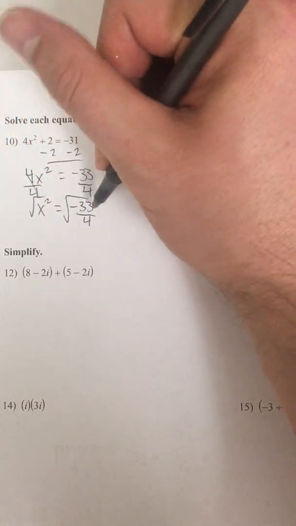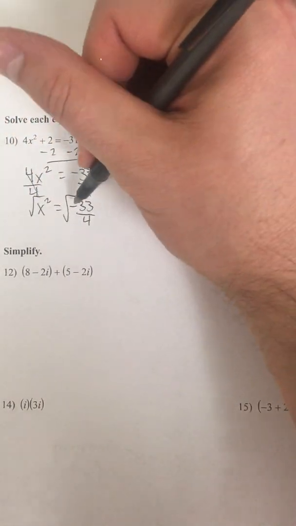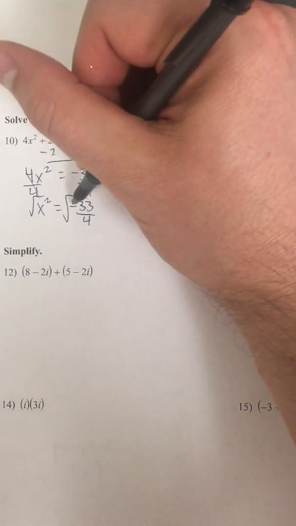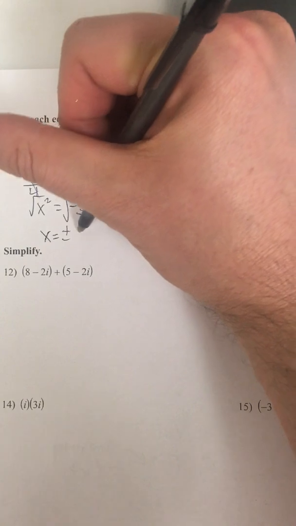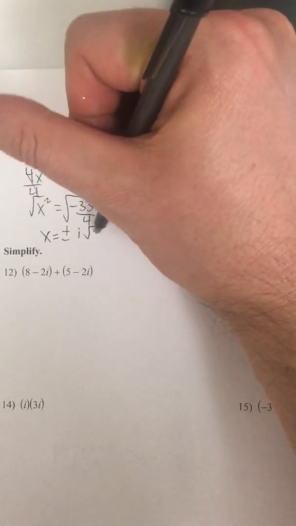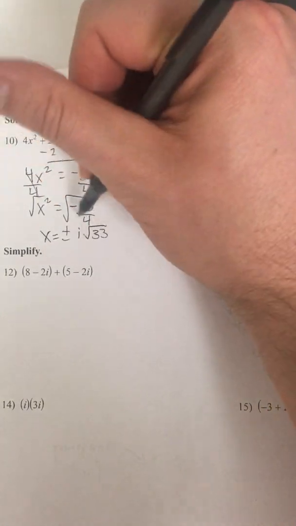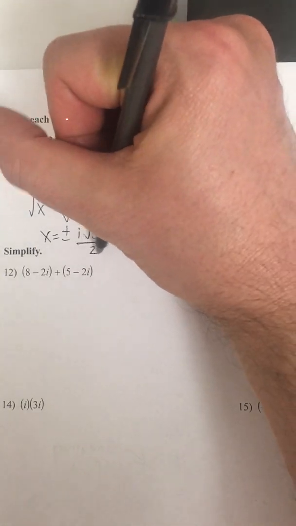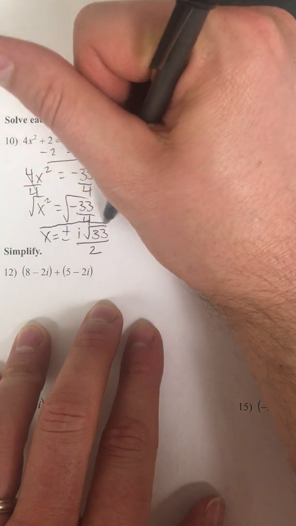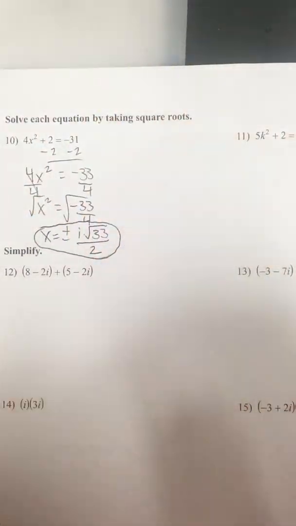So I'm going to take the square root of top and the square root of bottom. Will I have i in this answer? Yes, I will. So x equals 2 answers, plus or minus. I have i, then I have square root of 33. There's nothing I can do, I can't split that up. But I can do the bottom. What's the square root of 4? It's just 2. So my answer would be x equals plus or minus i square root of 33 over 2.